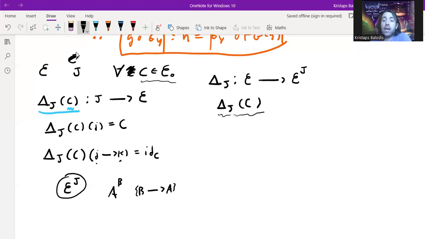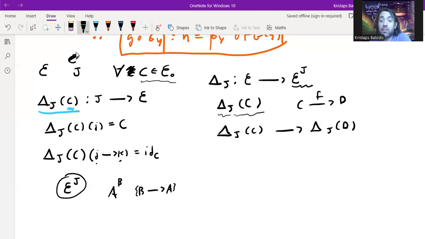And if I have a morphism in my category C, let's call that morphism F, what do I need to do? I need to somehow use F to produce a morphism in the target category, C^J.